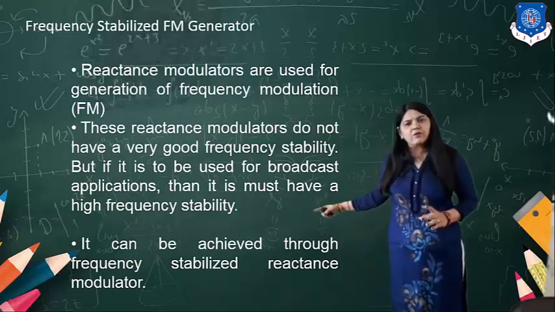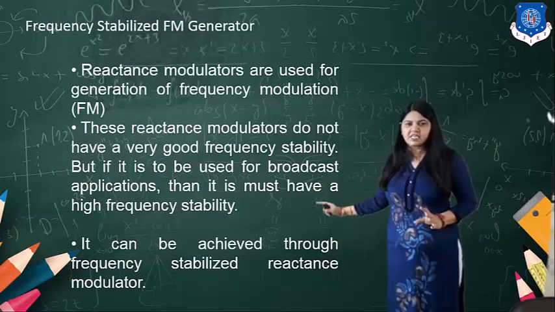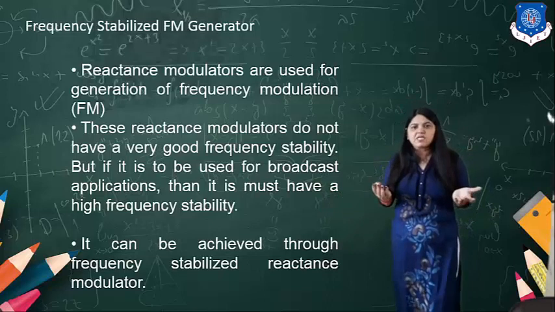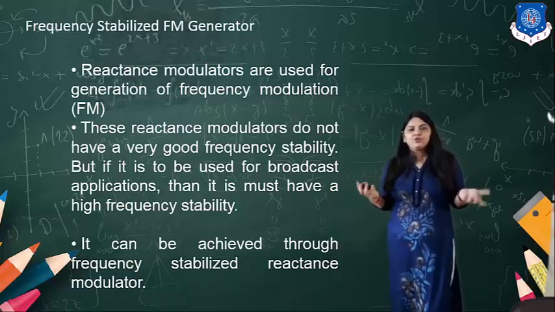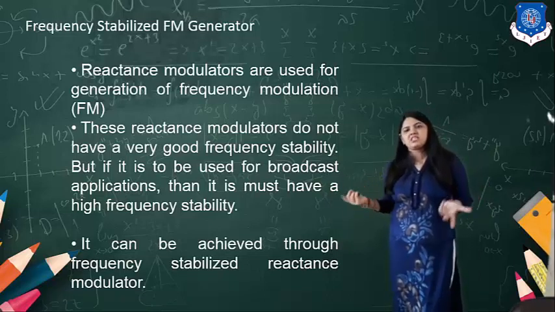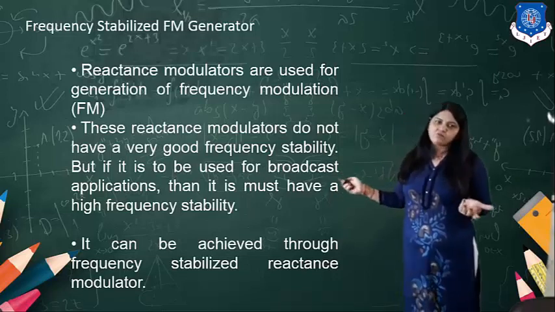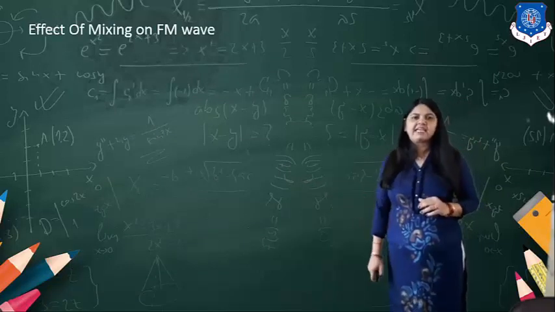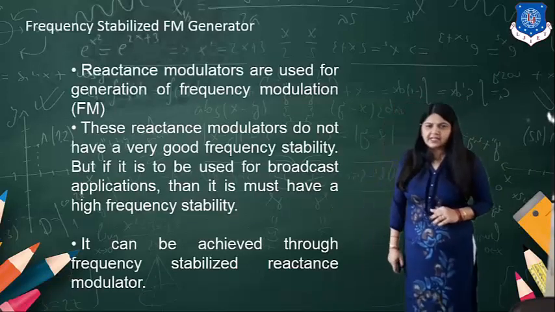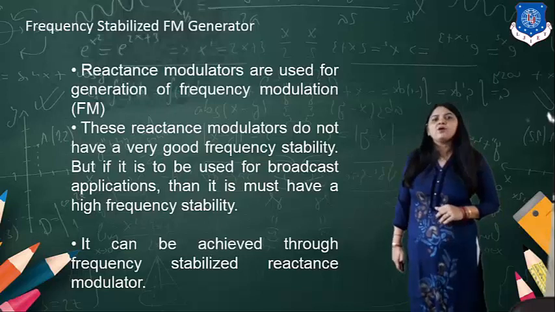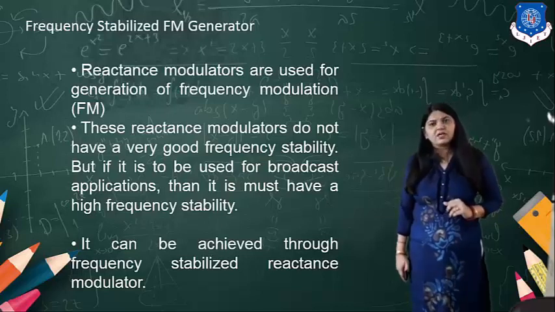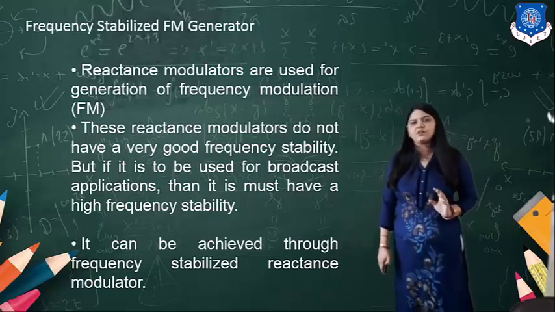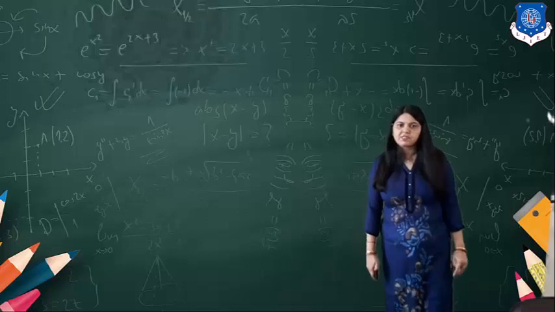It must have high frequency stability, and that must be gained through the frequency stabilized reactance modulator. This way the frequency stabilized FM generator gives us the frequency stability, and then it can be used for broadcasting purposes.